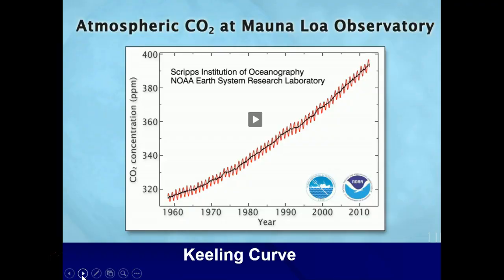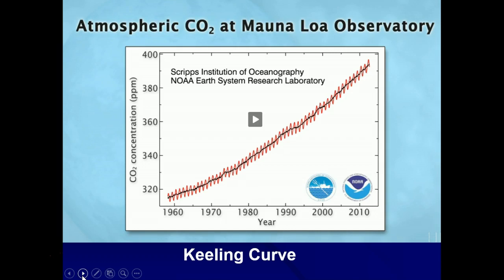This is the famous Keeling curve. In the 1950s, an atmospheric scientist named Dr. Keeling decided he wanted to measure the amount of carbon dioxide in the Earth's atmosphere. He chose a really cool place to do it, a fairly remote place on the planet. If you've ever flown to Hawaii from Los Angeles, it's a 5-hour flight over water.